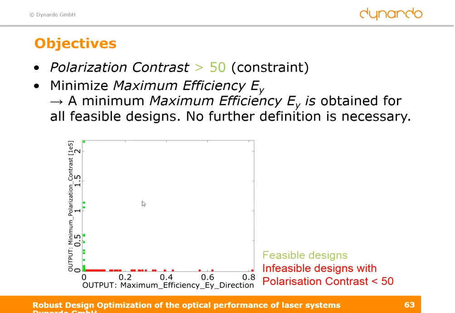At the same time, we wanted to minimize this maximum efficiency in Y direction. For that, you can see easily that this maximum efficiency in Y direction is obtained for all feasible designs, which means we don't need to define anything else, because only the green designs fulfill this aim to minimize this value.